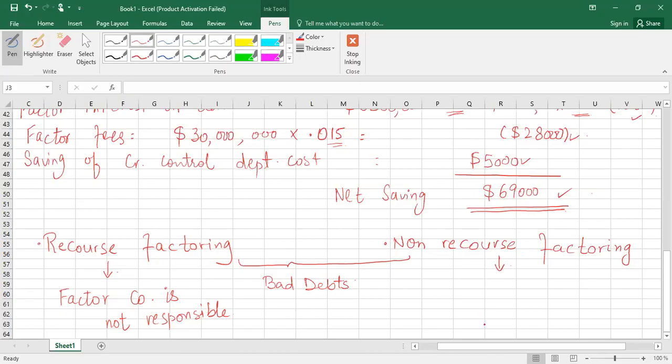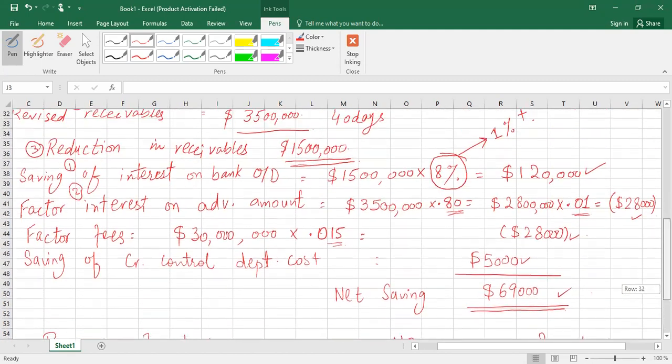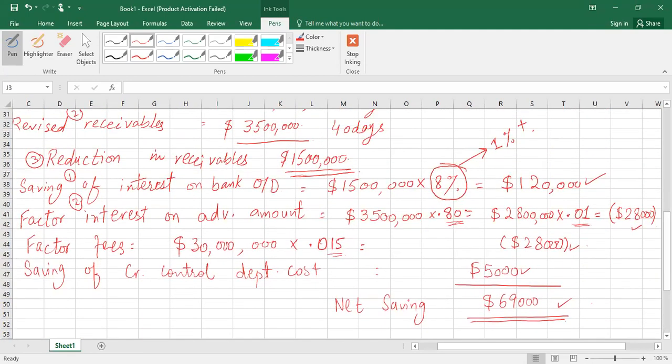And non-recourse factoring is what? Factor company is responsible. Factor company says that if your 100% of the receivables, 100% means what? They are basically purchasing 80% of the receivables from you out of the revised receivables.